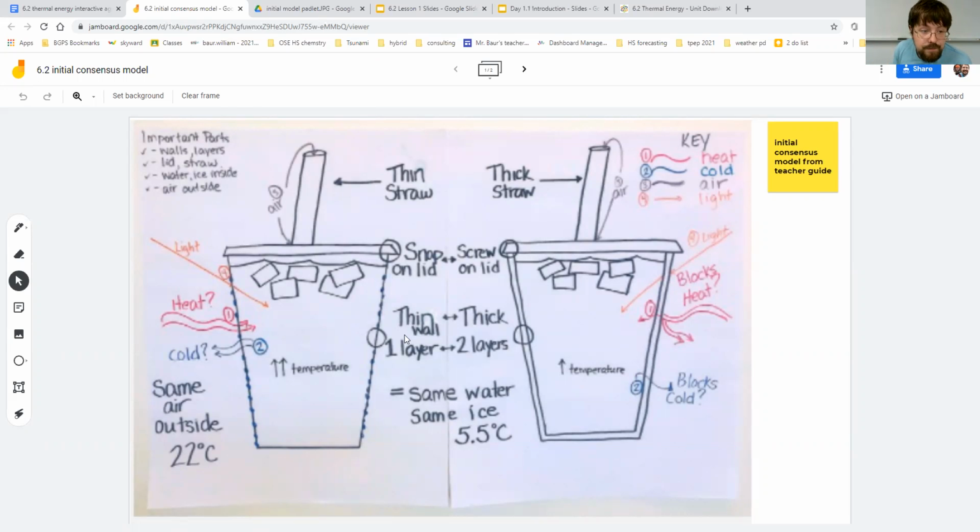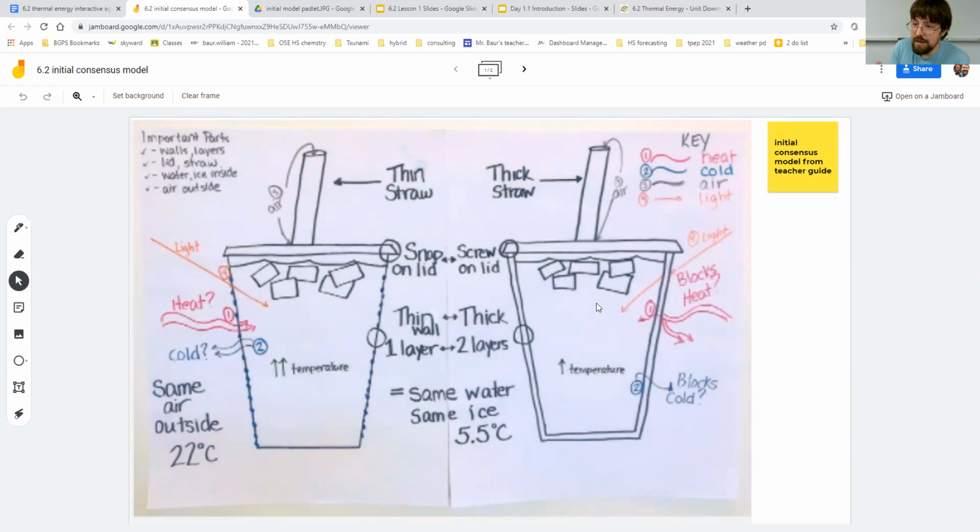You can see they have some things they've agreed on, but there are other parts with question marks, like, is it blocking the heat? Is it blocking the cold? What direction is the heat coming in and the cold going out? So it's good to have disagreement. That helps you transition to the driving question board and gives you reason for these investigations.